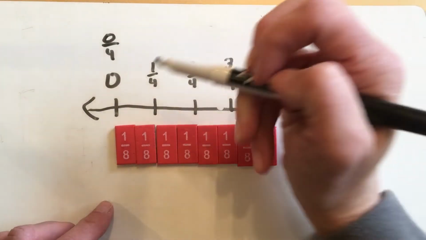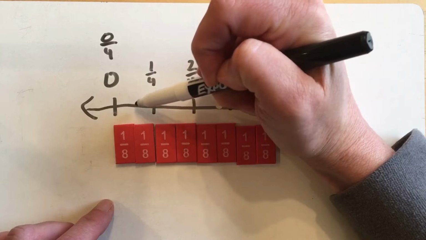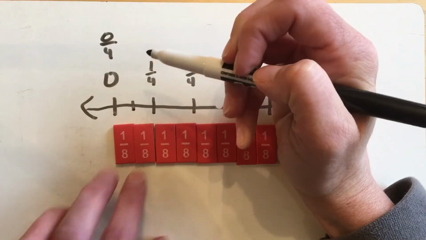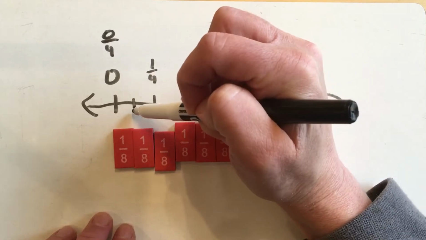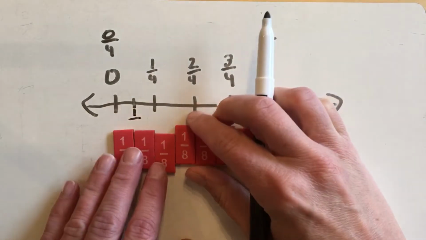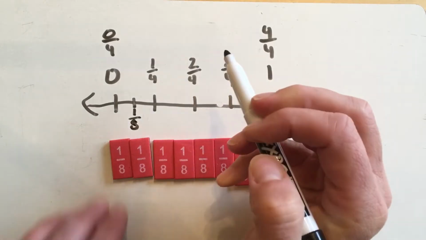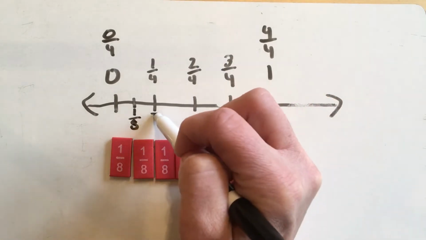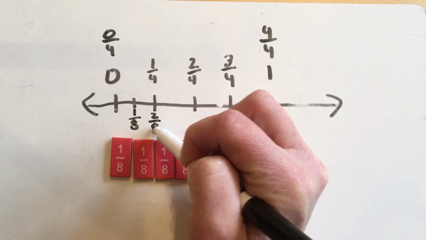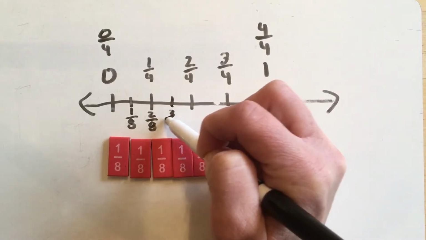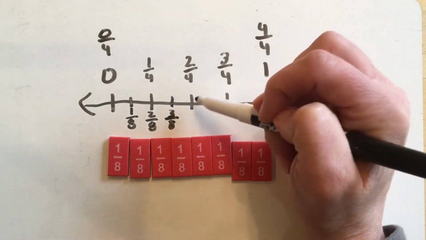So if I go halfway, I have 1/8. I move them down a little bit. Then I have 2/8. Then I have 3/8, halfway between 1/4 and 2/4.